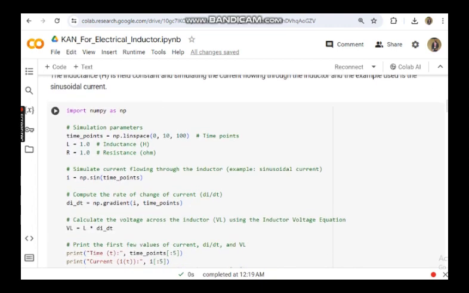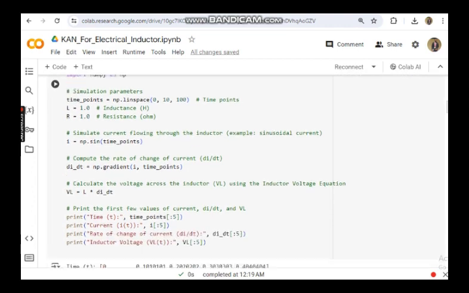These are the time points. L is held constant, and the resistance is also held constant. When we pass the points into the sine function, we are able to generate different current flows at different points in time. The gradient will actually do the differentiation for us. We don't have to do anything.